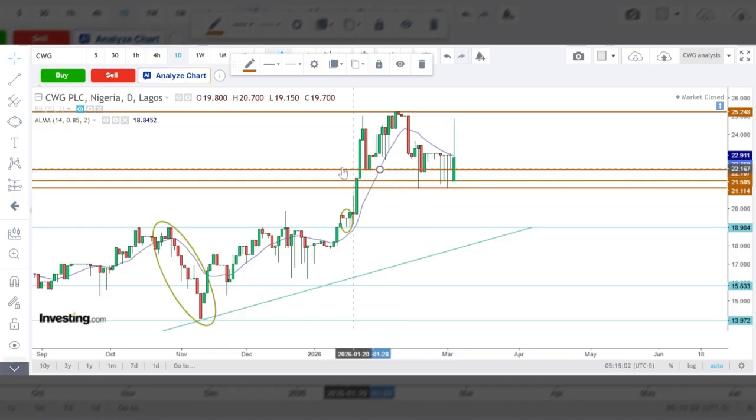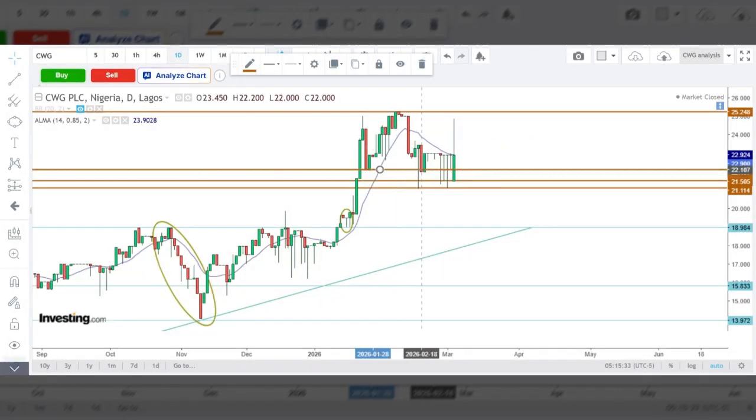However, let's also consider where it resisted to this place till we saw a bullish candle. And we say, okay, people are trying to buy this stock again. So I would say buying the stock around this area is better than buying it here, because this is going to be our first support level and our first resistance level.